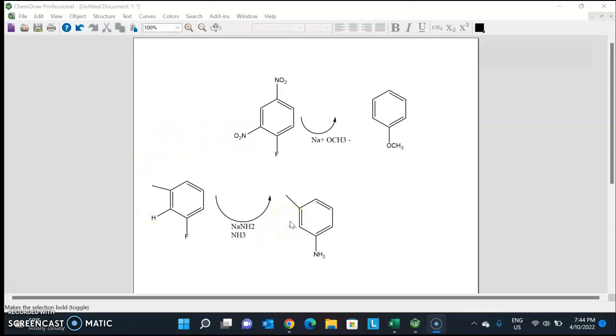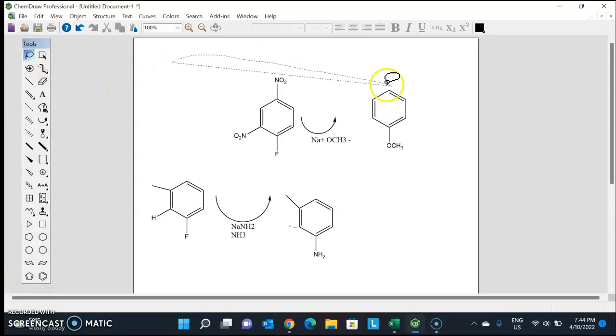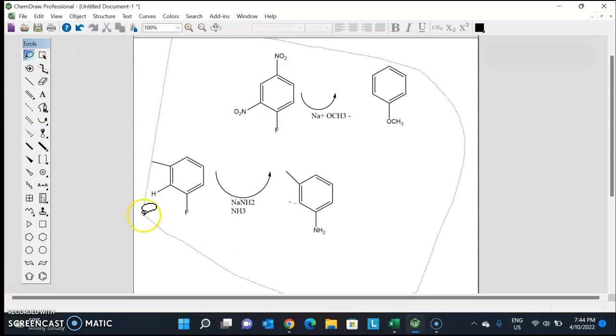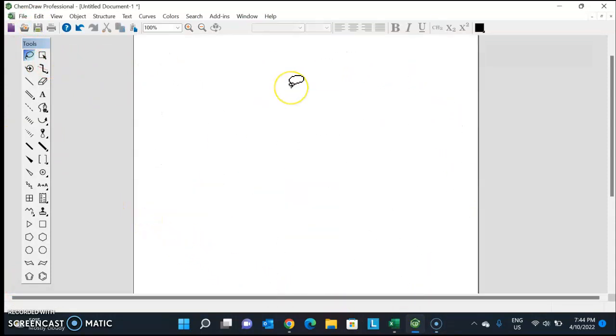And we're going to get into how to form new carbon-carbon bonds with aryl halides. Because a lot of these reactions aren't favorable to take place under normal conditions, a lot of them use transition metals to catalyze the reaction. So I'm going to draw something up quick.